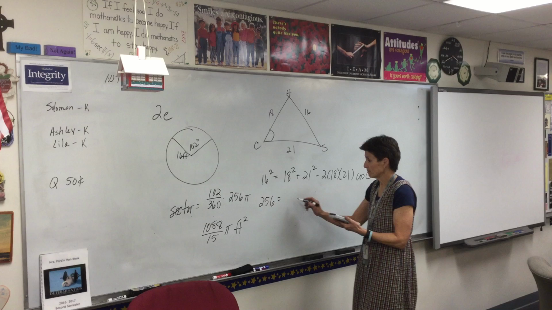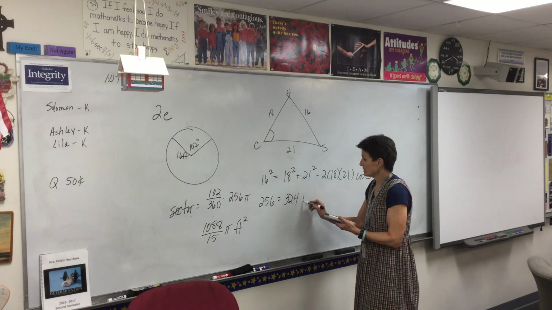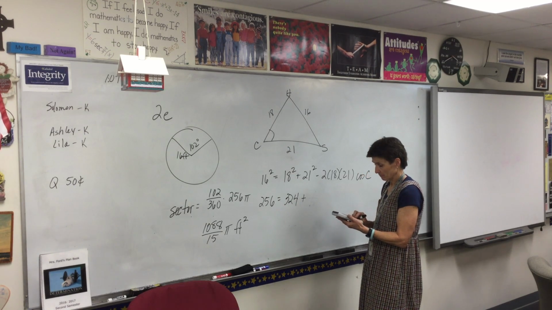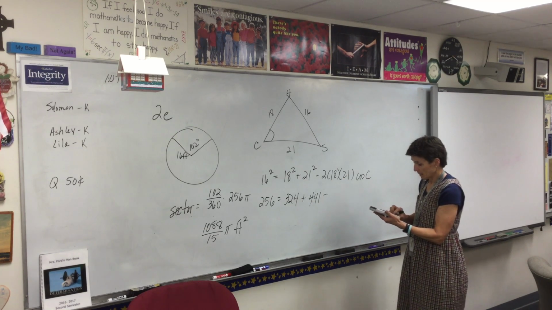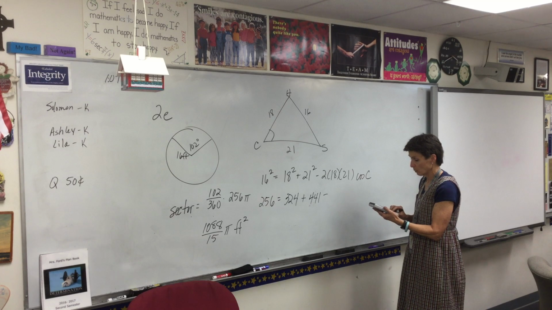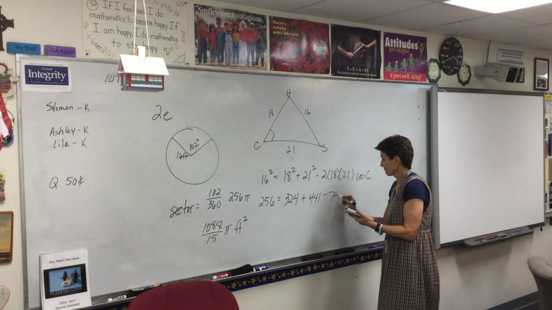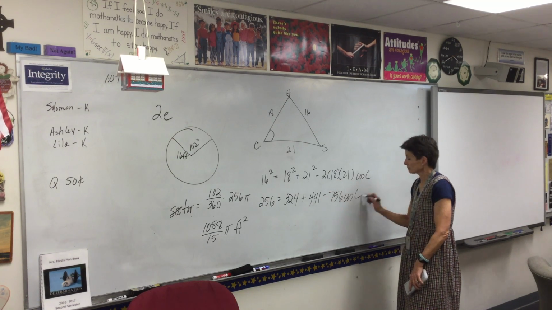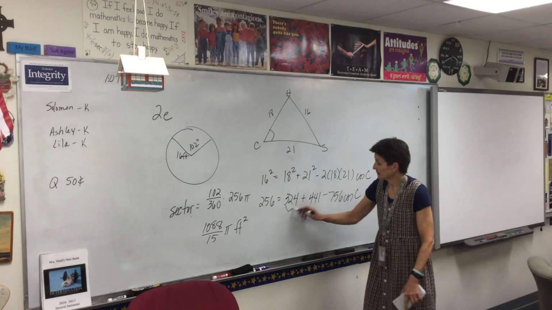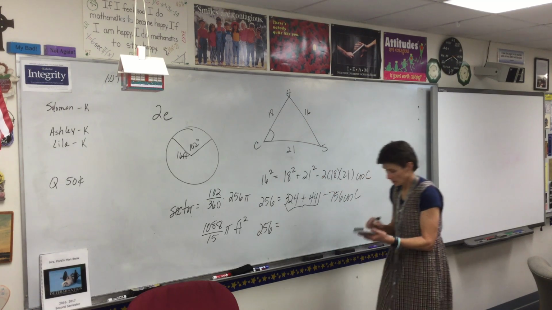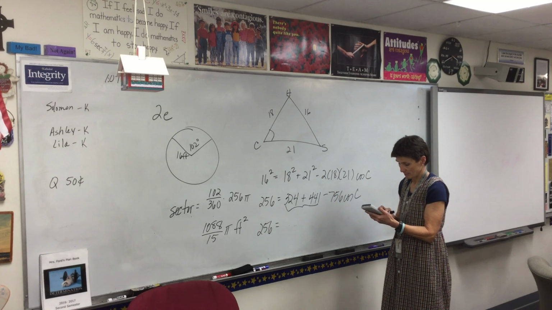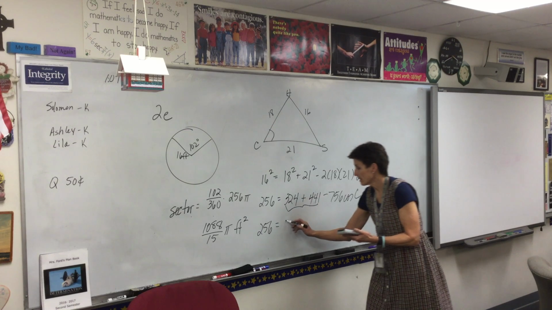I'm just going to do it, squaring everything individually, and multiply 2 times 18 times 21. Now I'm going to combine these two because they're being added, so I can add those together.